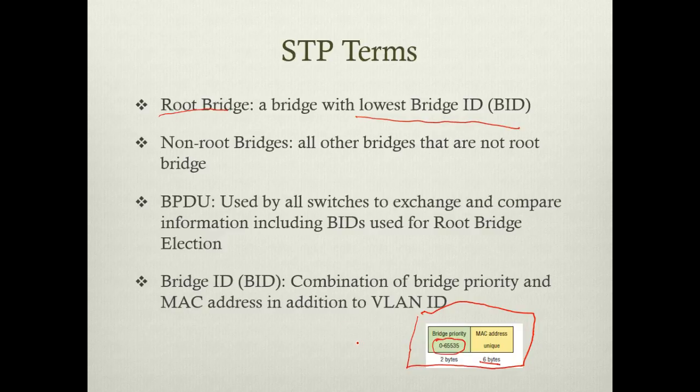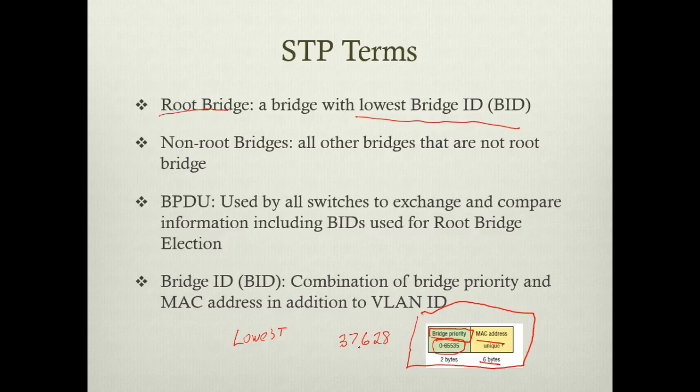I think it's 37,628. They all start out with the same number. So if they all have the same bridge priority, then the MAC address is going to be the one that dictates which one is going to be the root bridge, and you always use the lowest.